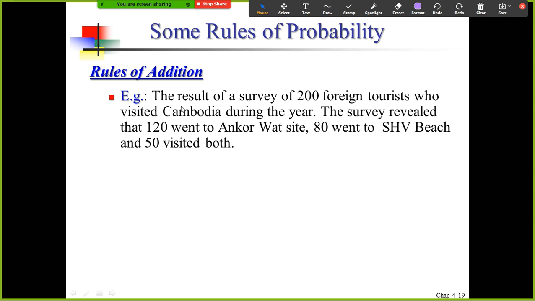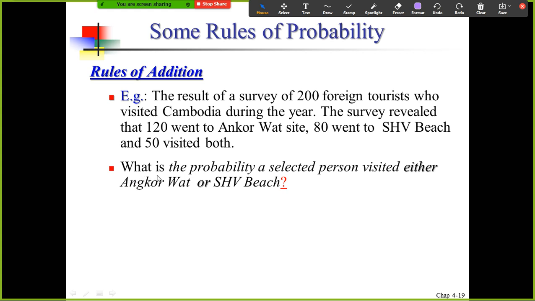So we surveyed 200 foreign tourists who came to visit Cambodia. Among these 200, 120 went to visit Angkor Wat. The other 80, the rest, went to enjoy the beach or sea at Sihanoukville. However, 50 among all of them said they went to both places.